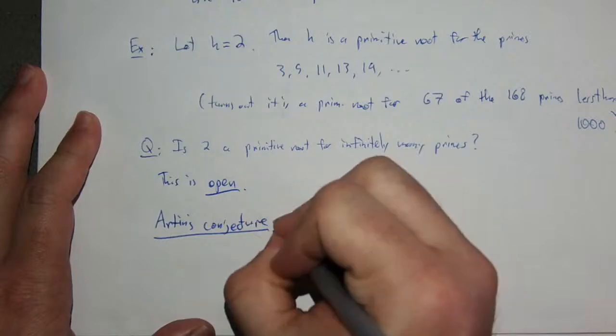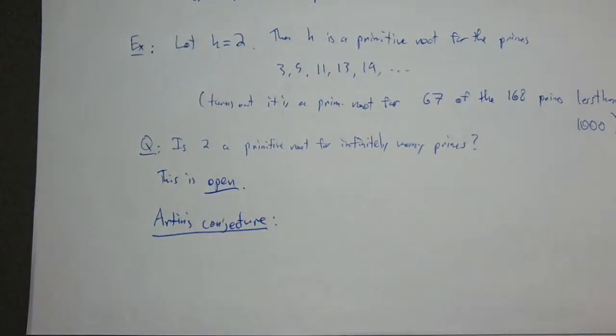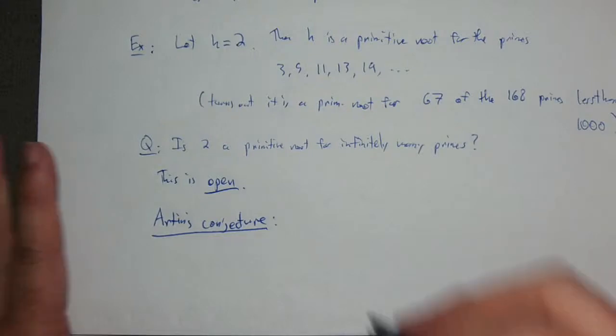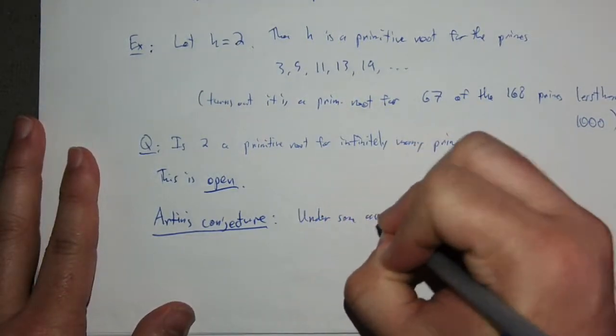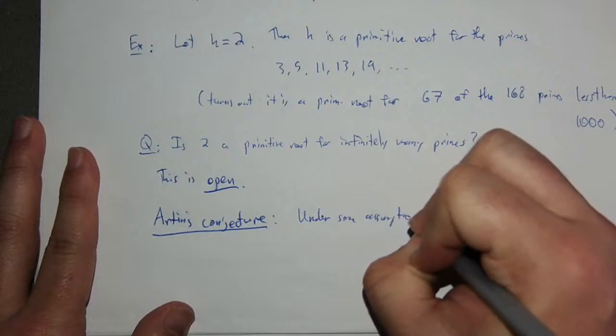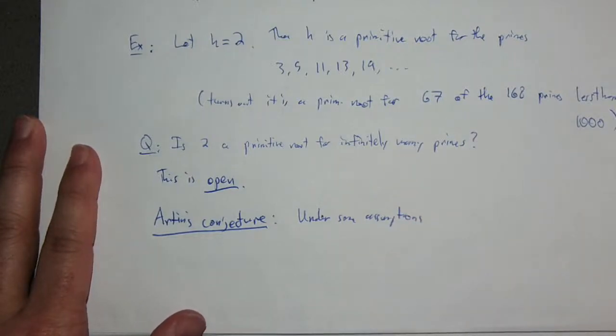A more general statement has to do with the following. I'm not going to formally state it, but the idea is that under some assumptions, h can't be a square or negative a square, I think is what it says.